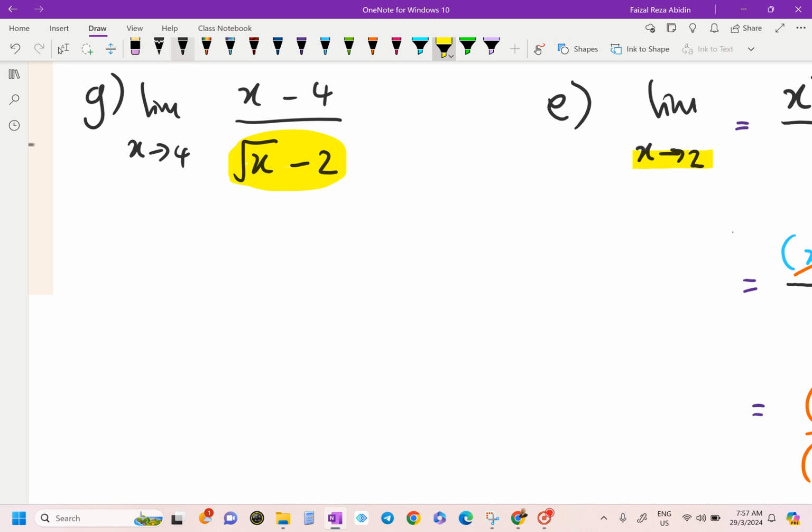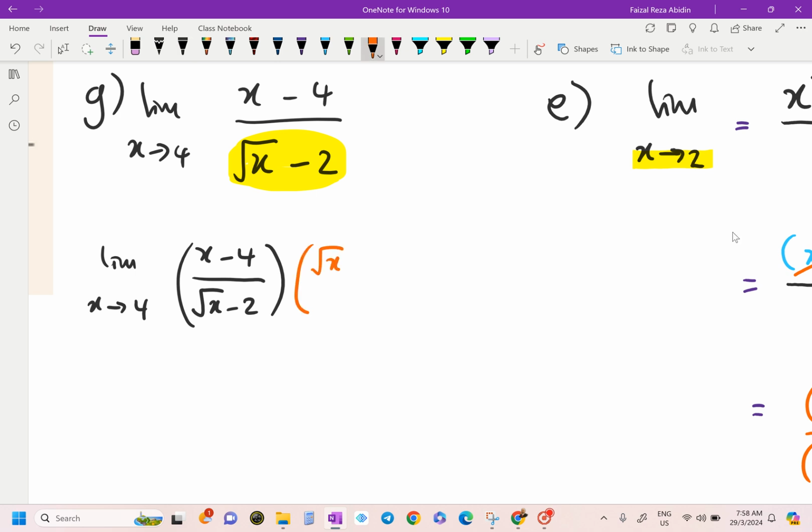So we copy back the limit x to 4 of x minus 4 over square root of x minus 2 first, and we multiply by the same one, which is square root of x plus 2 over square root of x plus 2.